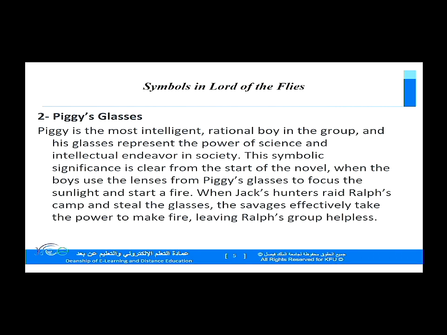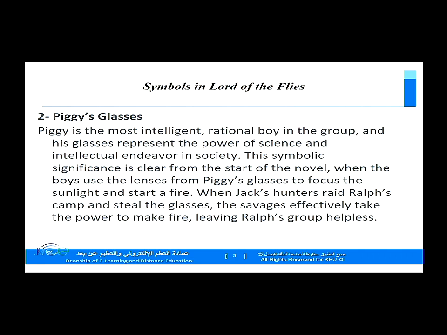Another important symbol in the story is Piggy's glasses. Piggy is the most intelligent, rational boy in the group, and his glasses represent the power of science and intellectual endeavor in society.